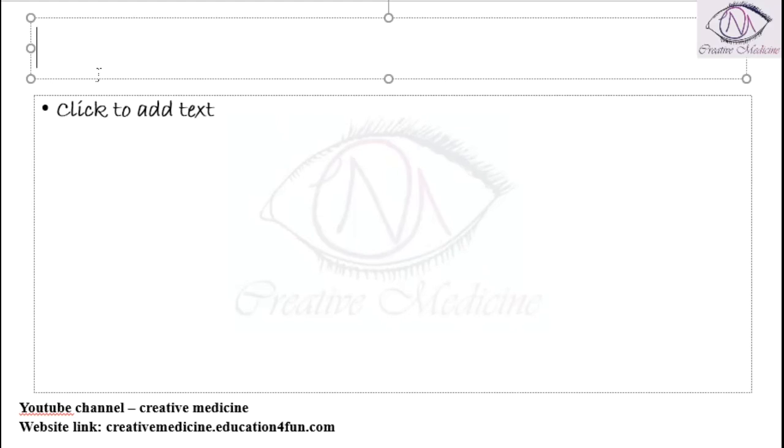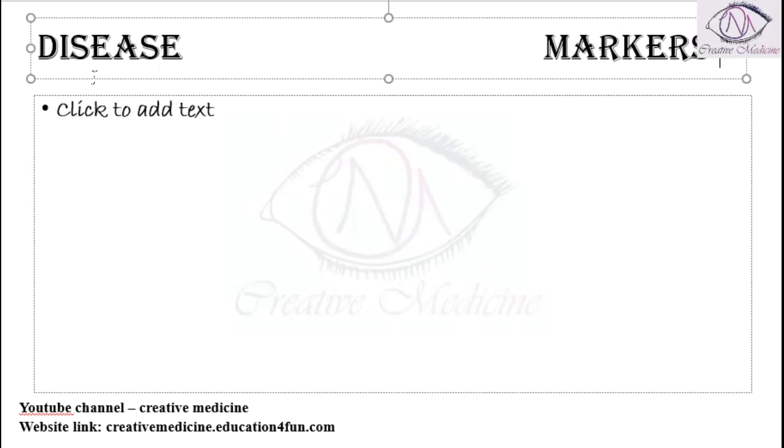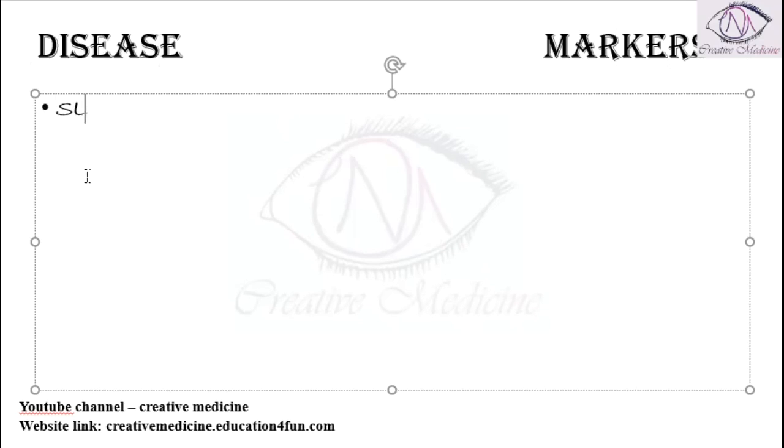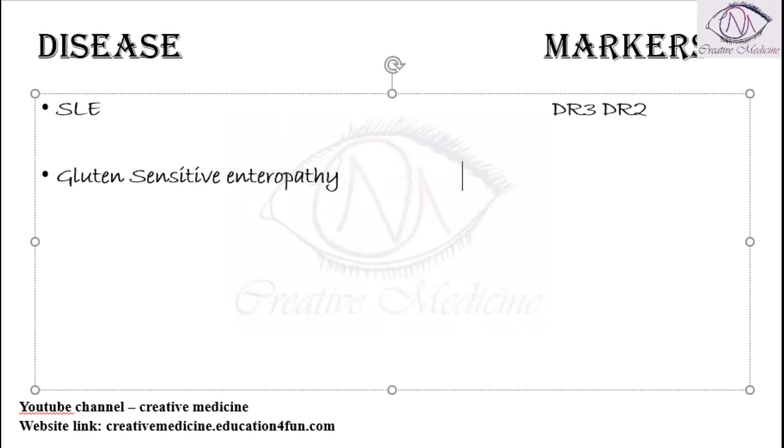Then we have to see some more diseases and their markers. After Sjogren's syndrome, systemic lupus erythematosus: DR3 and DR2 are the markers of systemic lupus erythematosus. Then we have gluten sensitive enteropathy. The marker for gluten sensitive enteropathy is DQ2.